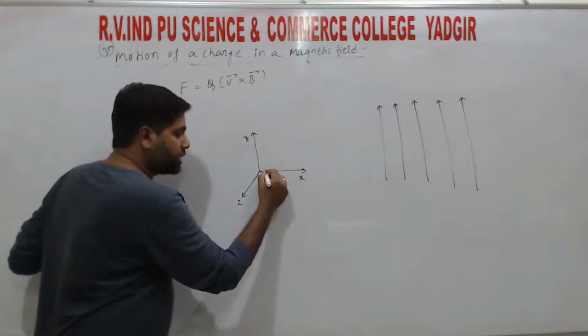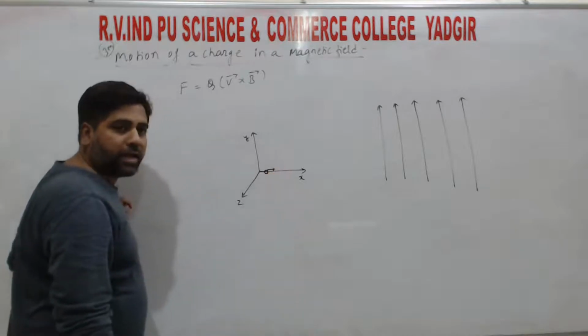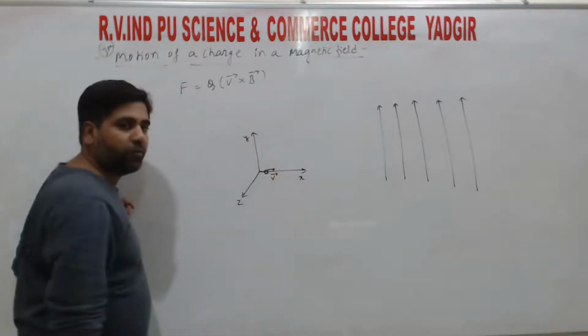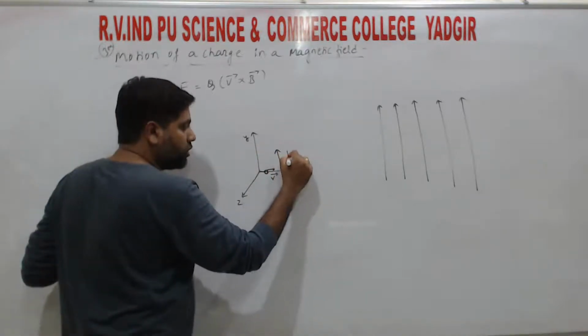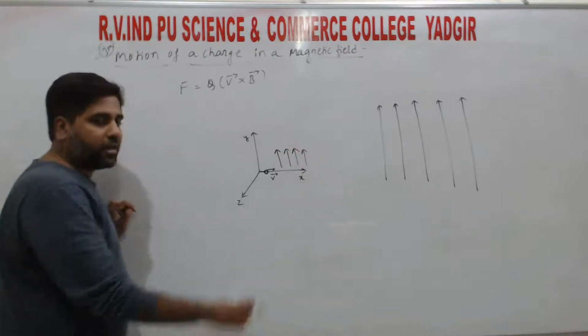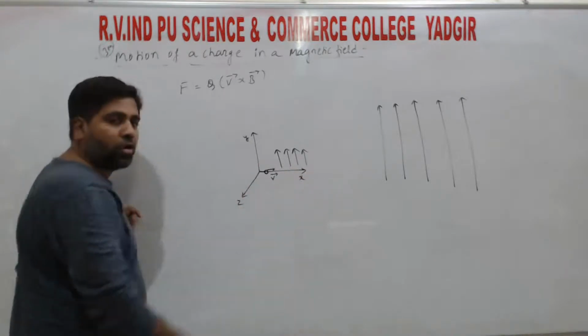So the charge is moving along the x axis with some velocity v, and the magnetic field is in the direction of the y axis, that is perpendicular to the x axis.